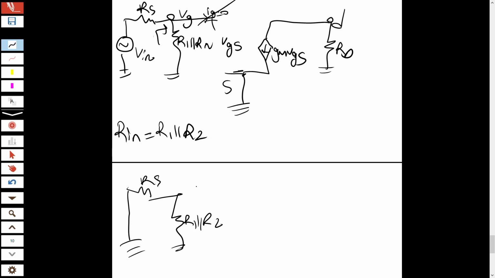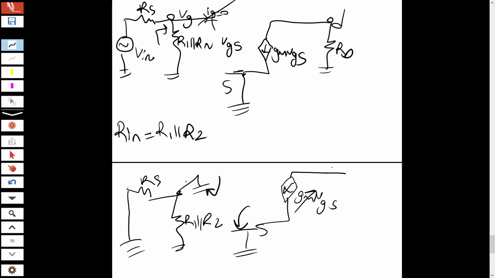So V gate is also grounded, source is also grounded. So GM VGS basically becomes 0. Why? Because VGS is 0. Gate is here 0, source is 0, GM VGS is here 0.